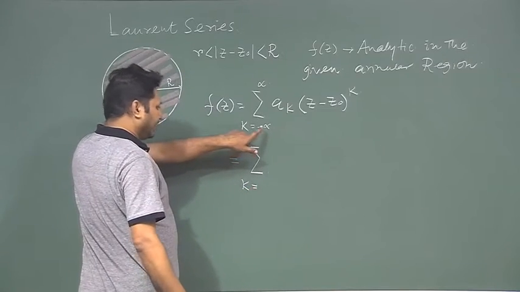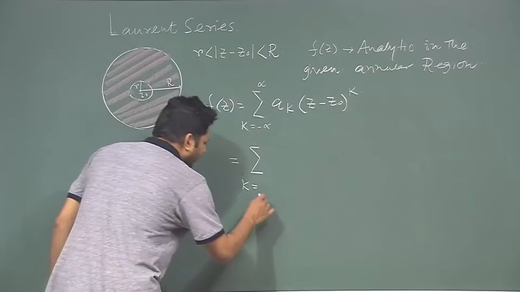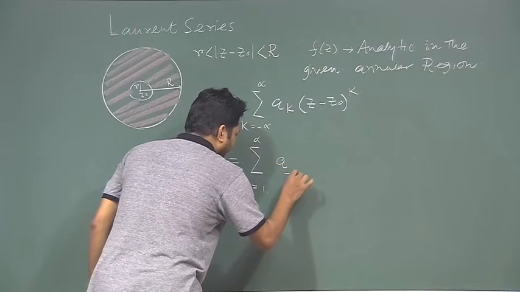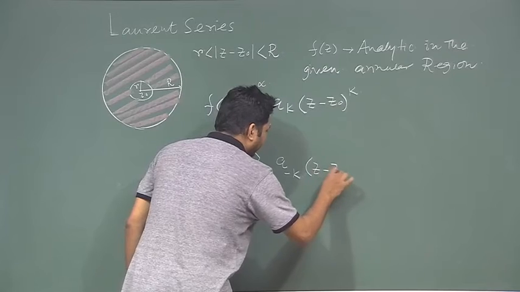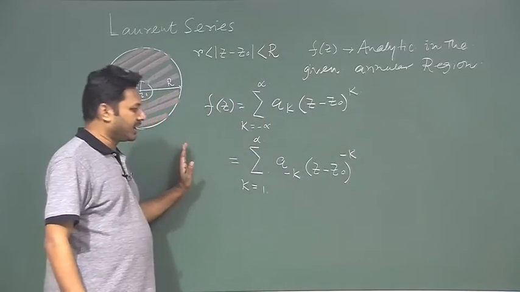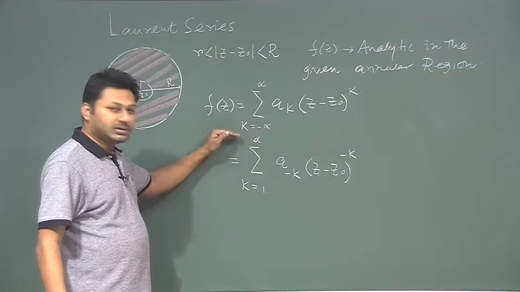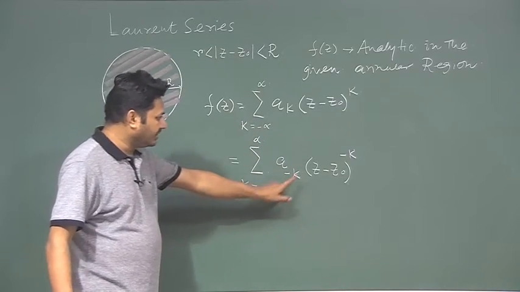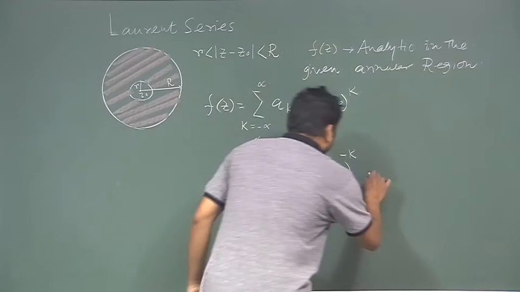I just remove the negative sign: for the negative part, I write k equal to 1 to infinity, a_{-k} (z - z0)^{-k}. Whatever the negative portion is, I write it this way by changing the sign.